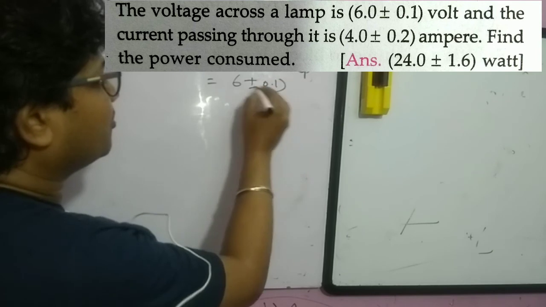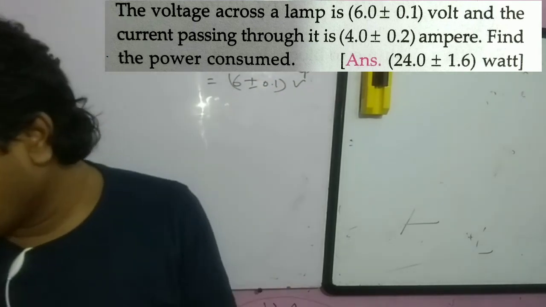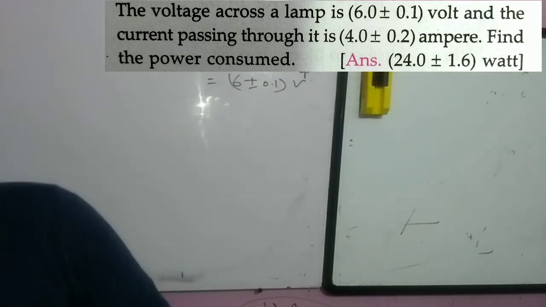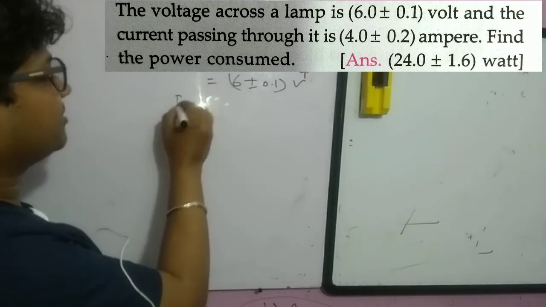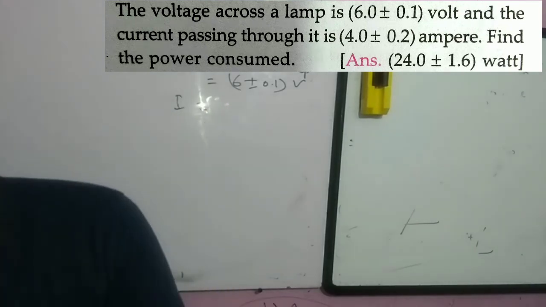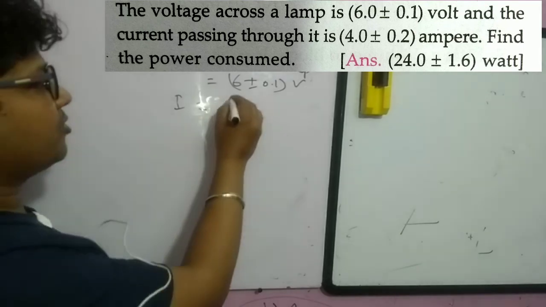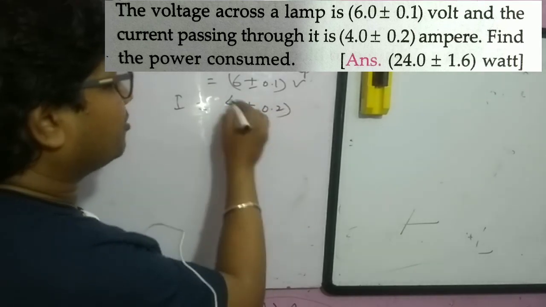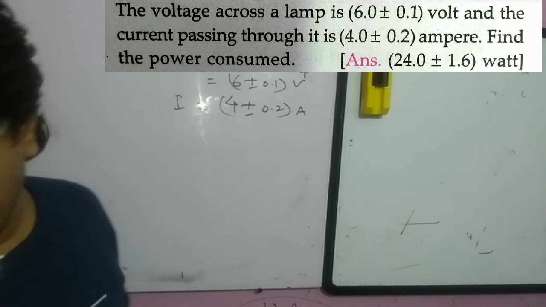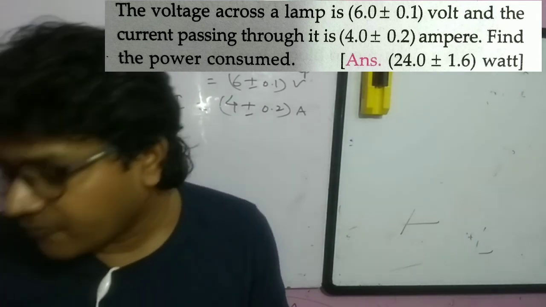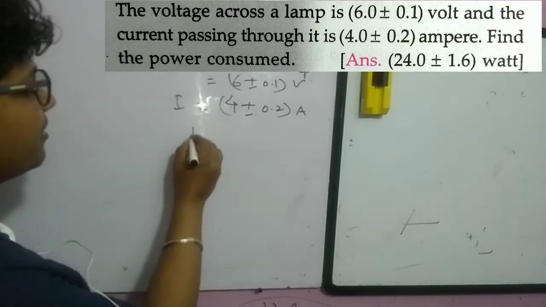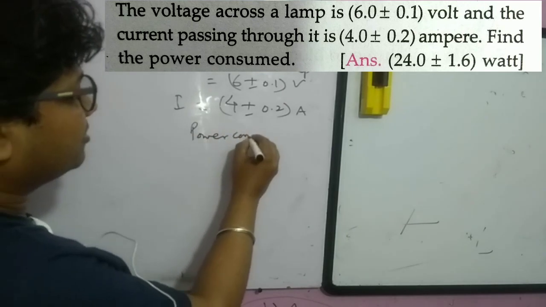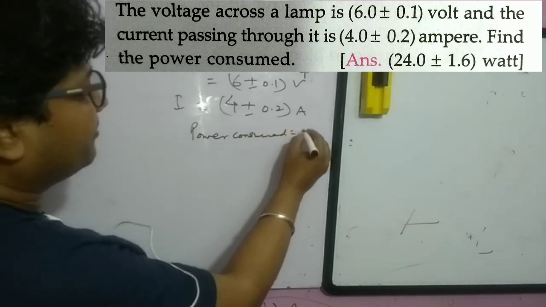This is our voltage, and current passing through it is I equal to 4 plus minus 0.2 ampere, ये दिया हुआ है. ठीक है. So we have to find the power consumed. आपको power consumed calculate करना है, right?